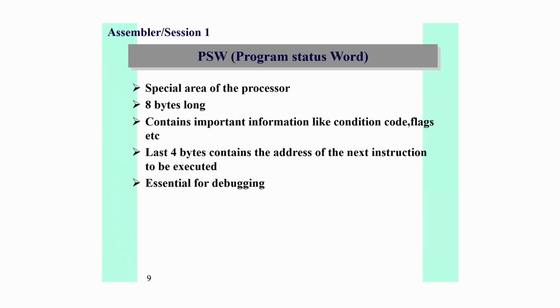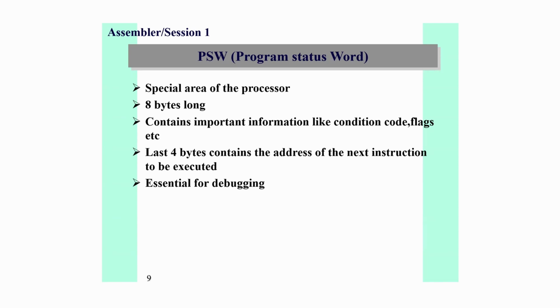And then we have another important area of the mainframe, that is the PSW, program status word. This is a special area of the processor. It is 8 bytes long, and contains important information like condition code, flags, etc. The important thing is the last 4 bytes contain the address of the next instruction to be executed.